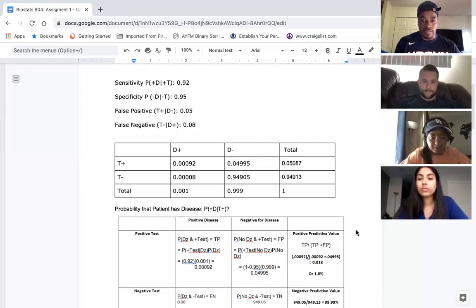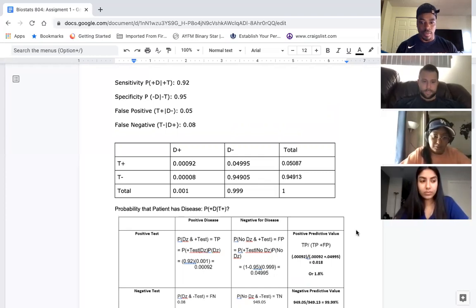The remainder of that 1/1,000 prevalence would test negative but still be disease positive, which would be 0.00008.